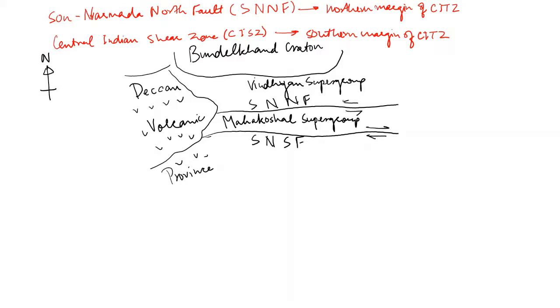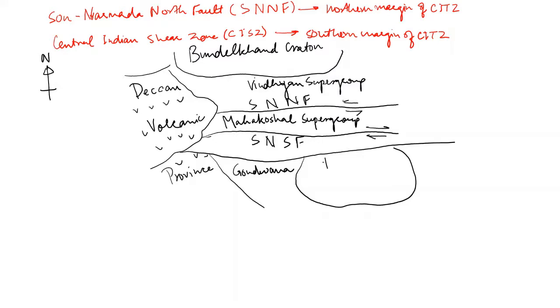The Son Narmada South Fault separates the Gondwana sediments and some isolated patches of the Deccan volcanic province from the Mahakoshal Supergroup.